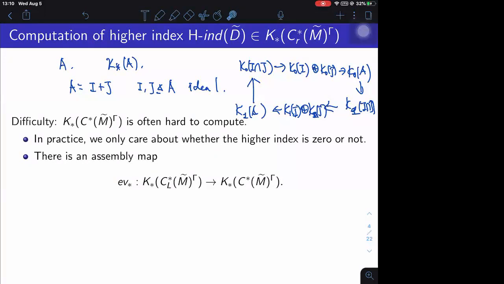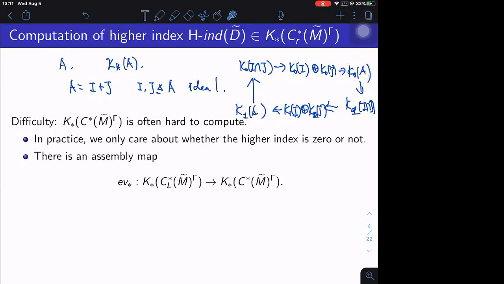So if we have the algebra with very nice structure, by nice structure I mean it has a lot of ideals, and you can understand the K-theory of those ideals, then by the Mayer-Vietoris sequence and the five lemma, you can understand the K-theory of the algebra.